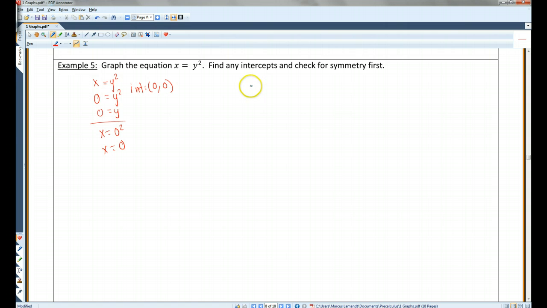Is it symmetric with respect to the x-axis? Let's find out. I'm going to plug in -y. -y squared is just y squared, so it is in fact symmetric with respect to the x-axis. Okay, so let's go ahead and graph this.